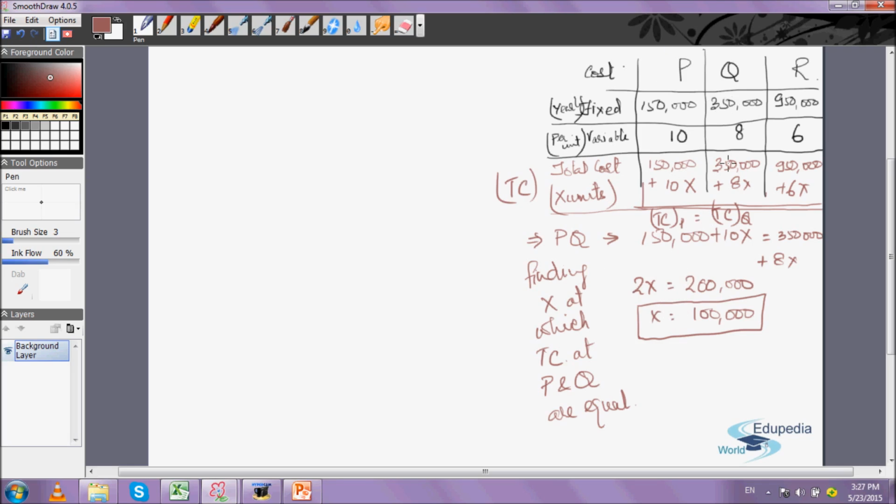In the same way, let's find the point for the other two, that is for P and R, and Q and R. So for Q and R, the total cost at Q equals the total cost at R. The equation would be, at Q it's 350,000 plus 8x, and at R it is 950,000 plus 6x.